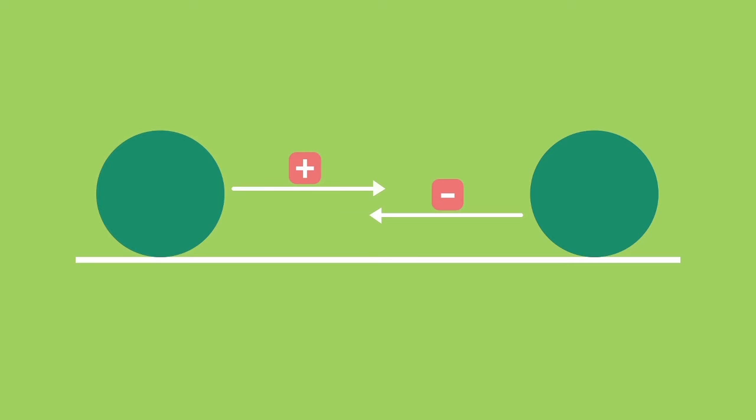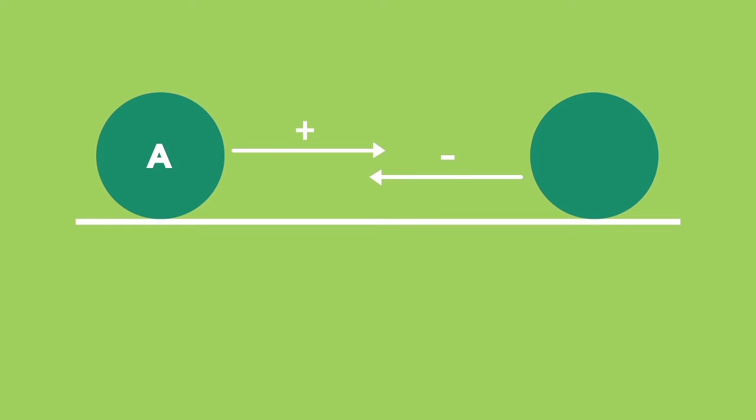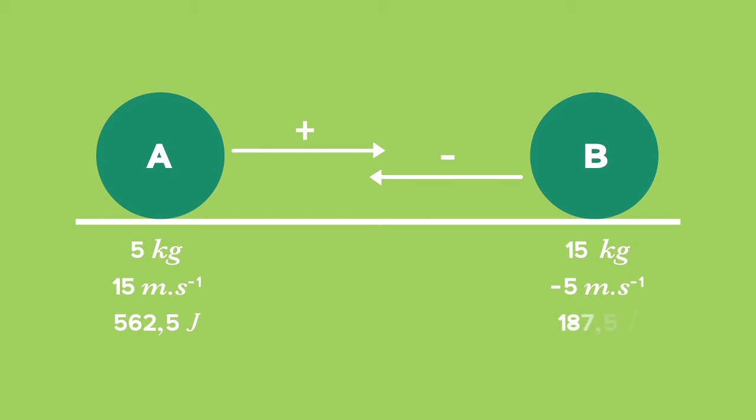So, even though the velocity of the objects is of opposite sign, we see that object A, with a mass of 5 kilograms and a velocity of 15 meters per second, has a kinetic energy of 562.5 joules. Object B, with a mass of 15 kilograms and a velocity of -5 meters per second, has a kinetic energy of 187.5 joules.